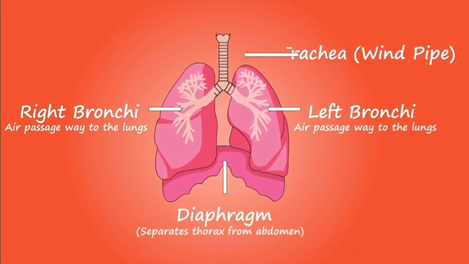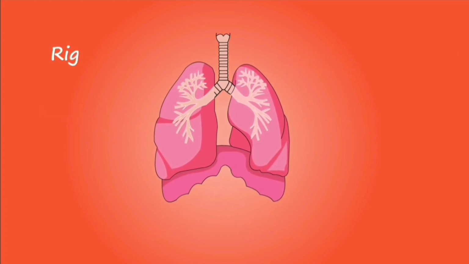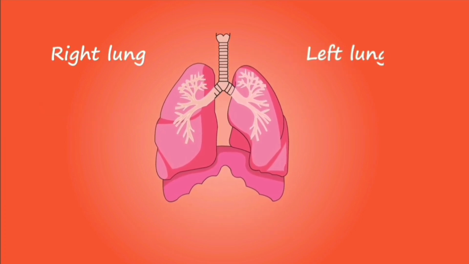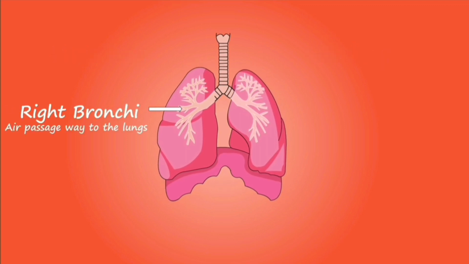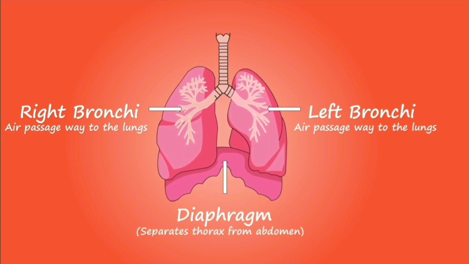It is in the alveoli that exchange of oxygen and carbon dioxide takes place through the process of diffusion. So this process basically takes place in the alveoli.